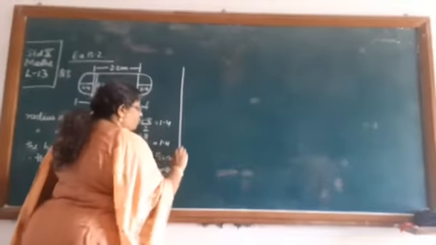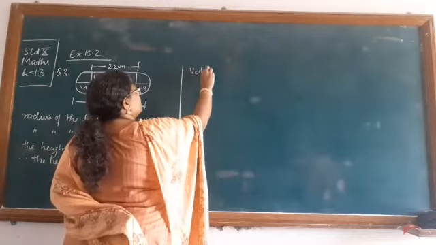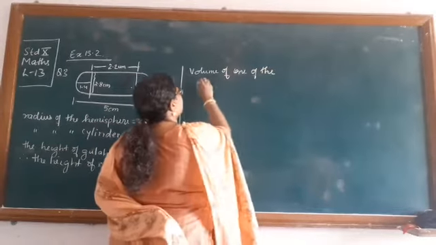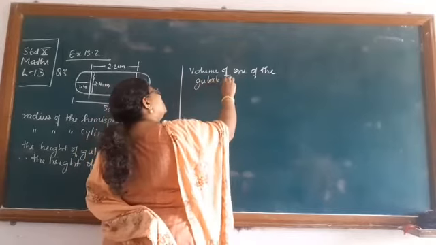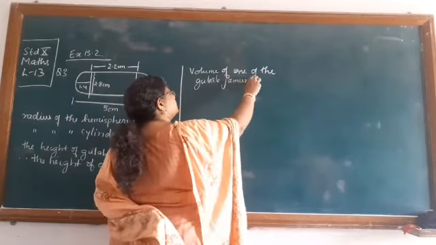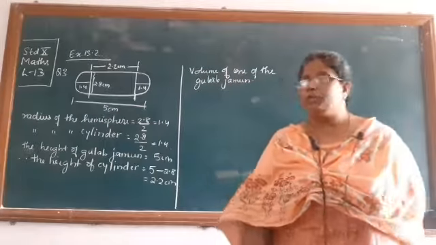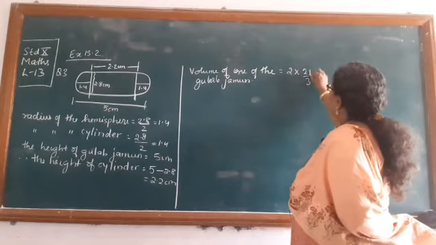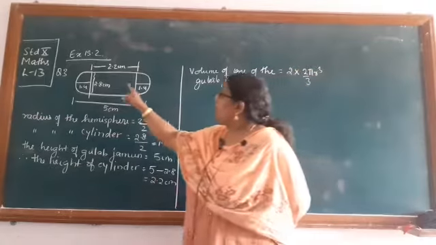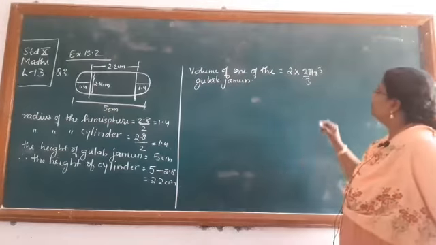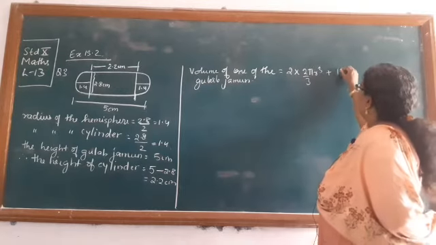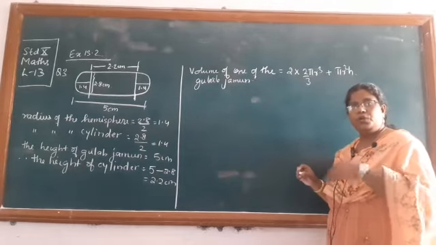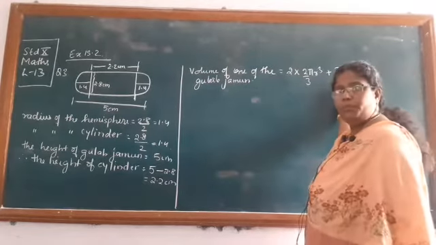Okay. So, the height of the cylinder we have got. First we will find the volume of one gulab jamun. The volume of one gulab jamun will be equal to what? 2 times 2 by 3 pi r cube, because the two hemispheres are the ends, plus pi r square h, isn't it? The volume of the gulab jamun is actually 2 times the volume of the hemisphere plus the volume of the cylinder.